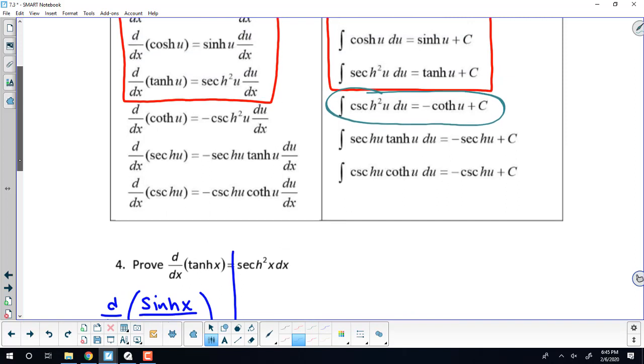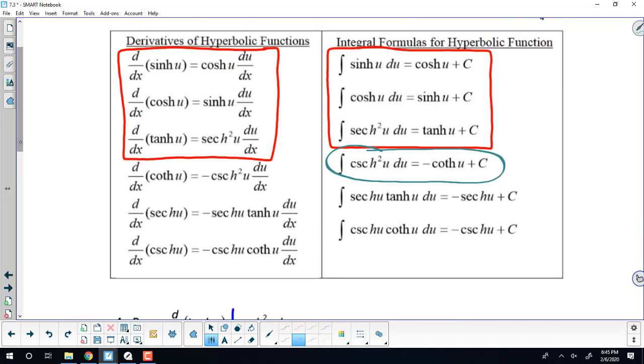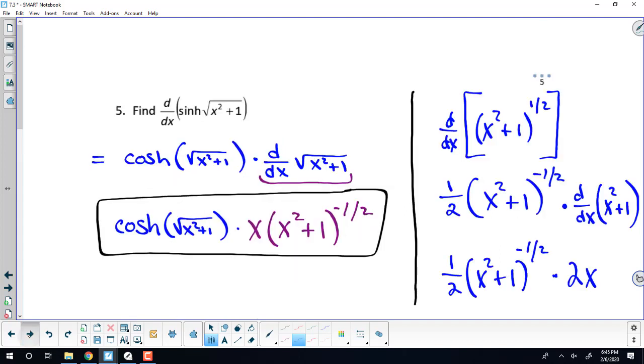Remember, the antiderivatives are based on the derivatives. The derivative of hyperbolic cotangent is negative hyperbolic cosecant squared. So the antiderivative of negative hyperbolic cosecant squared is hyperbolic cotangent. In other words, move the negative around.